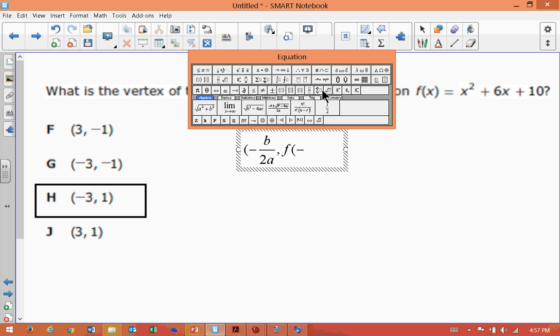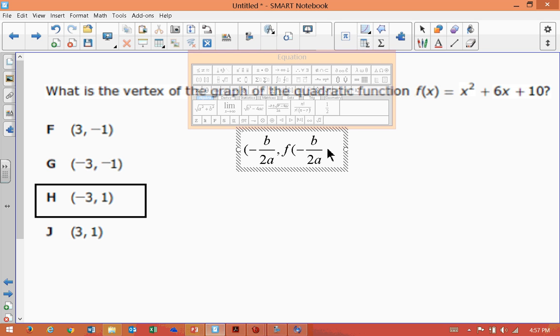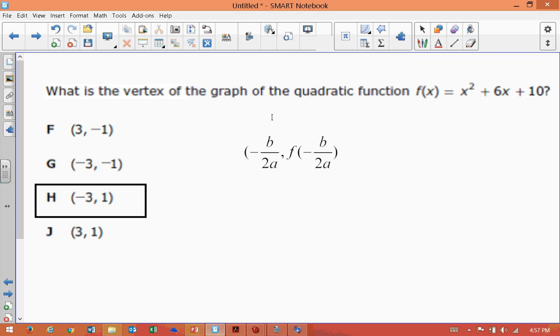So I need to put in a negative and another fraction there, -b over 2a. This is the formula to find the vertex.